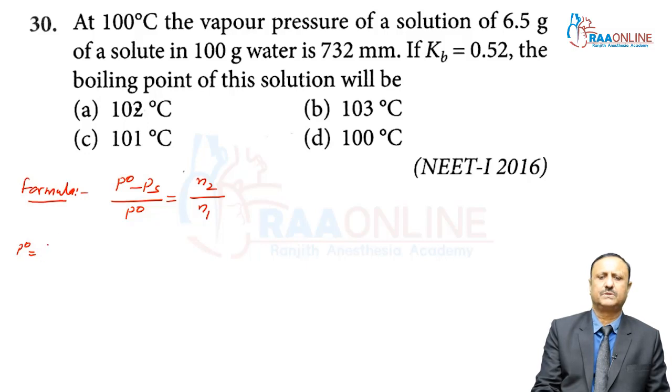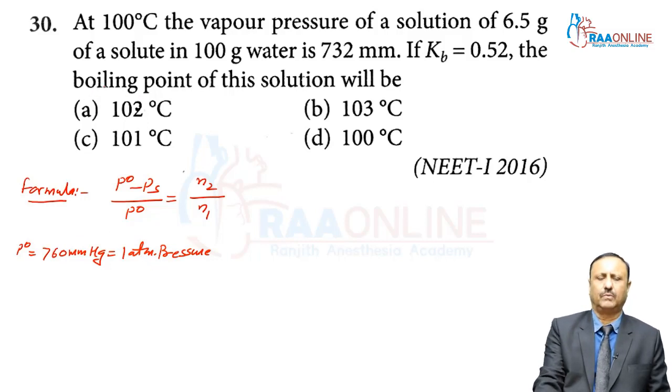So P0, it is not given to us, so it is 1 atmosphere, and 1 atmosphere is equal to 760 millimeter mercury. My dear friends, you know that when the vapor pressure is equal to atmospheric pressure, then that point is called the boiling point.